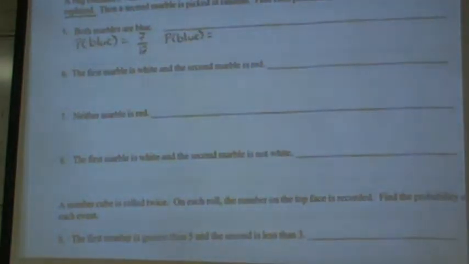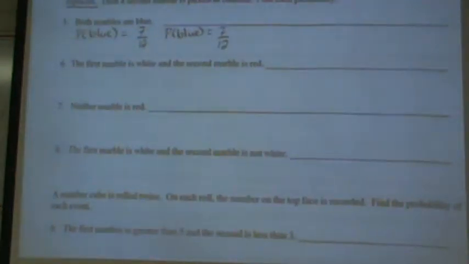So we have 12 marbles altogether. So that's the probability of picking a blue marble first. And then we need to find the probability of picking a blue marble second. And again, we're putting the marble back after we've picked it. So we still have 7 blue marbles out of the whole 12.